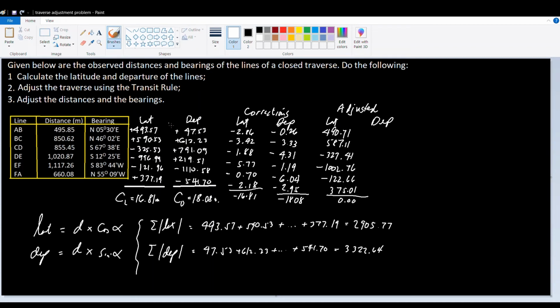For the departure, starting with line AB, 47.53 minus 0.26 will give us 47.27. Next, 612.23 minus 3.33 is 608.90. 791.09 minus 4.31 is 786.78. 219.51 minus 1.19 is 218.32.